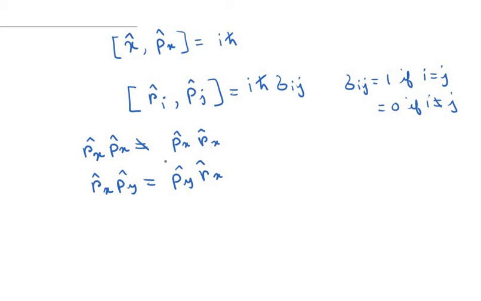To give you an example, let us consider this wave function psi(x,y) equals a delta(x) e to the power minus i py y divided by h bar.